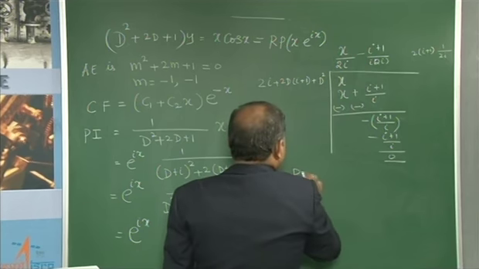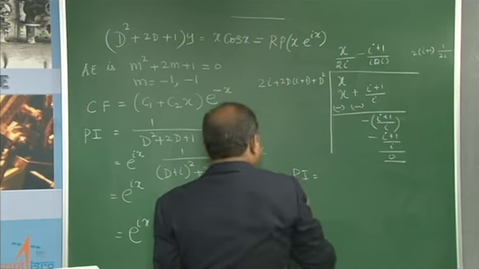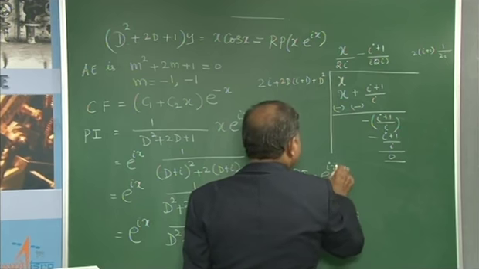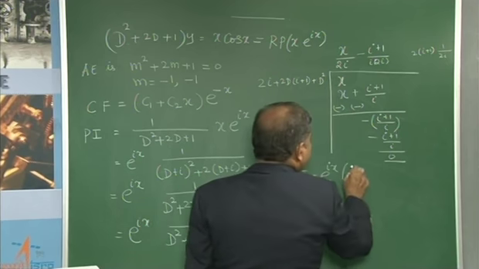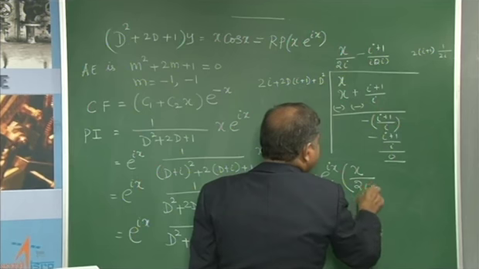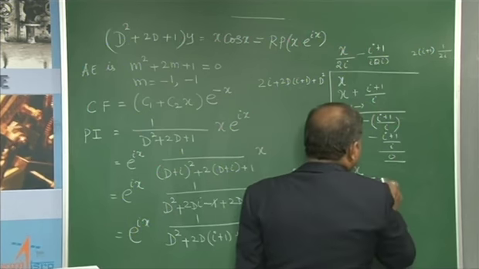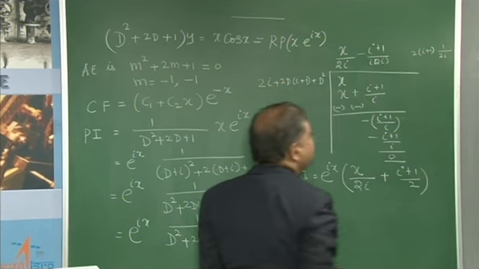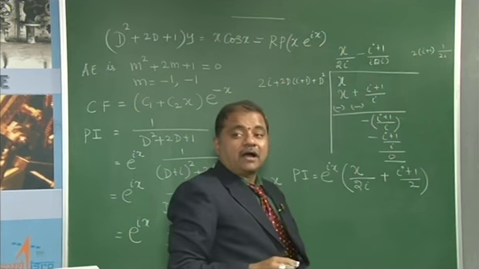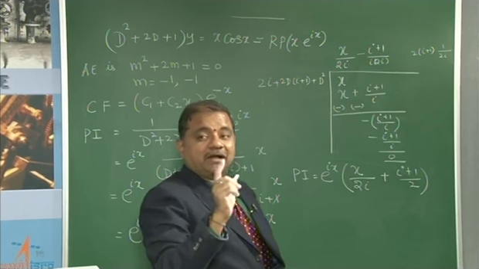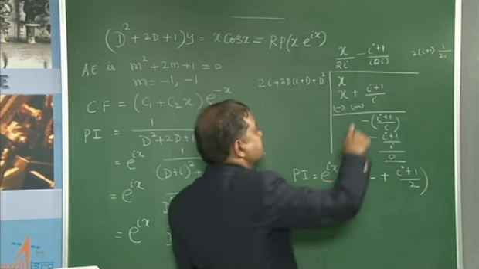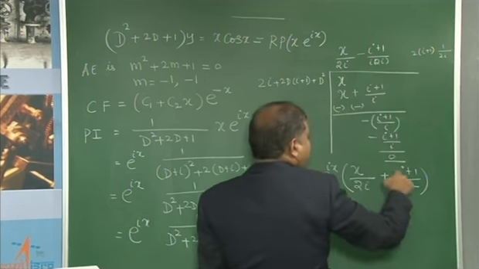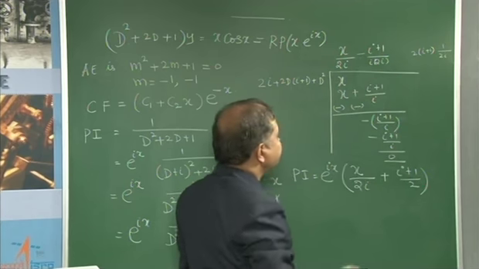Particular integral, e power ix. What happens here? X by 2i, then plus I plus 1 by 2. Am I right? Because I into I squared will become minus 1. So, this minus is cancelled. So, I plus 1 by 2.